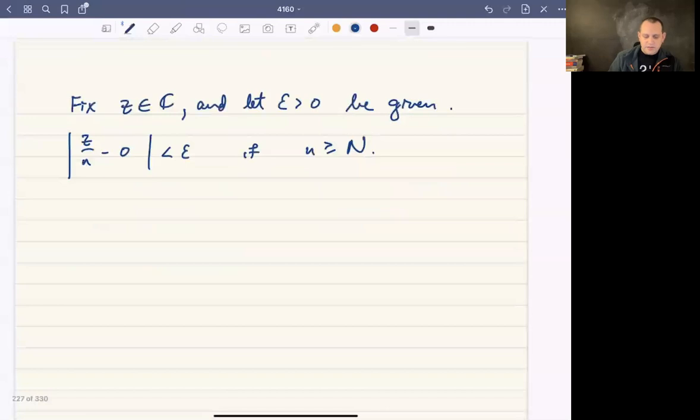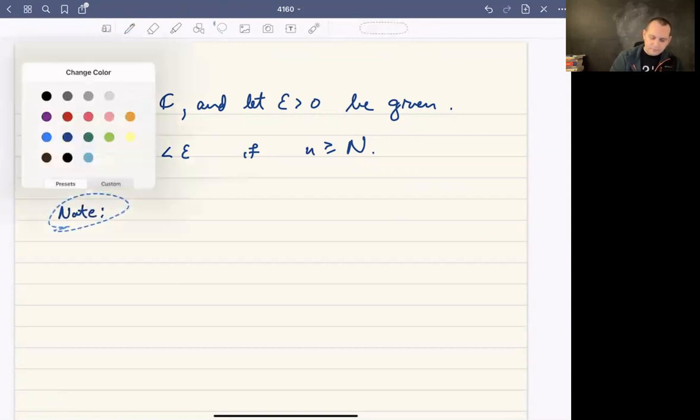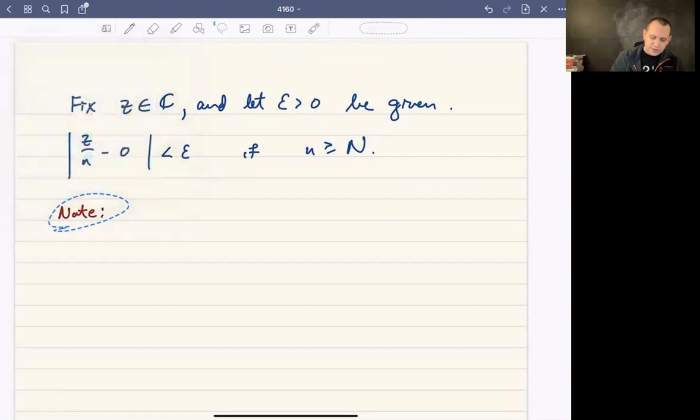And here, let's think about how this will work. Just note that the modulus of z over n minus 0 is just the modulus of z over n.